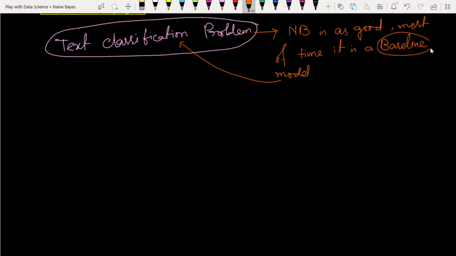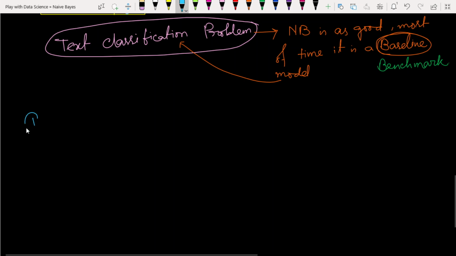Now let's see what we call a baseline, or benchmark. Suppose we have a text classification problem, and we are using various kinds of algorithms. Let's take them one by one.